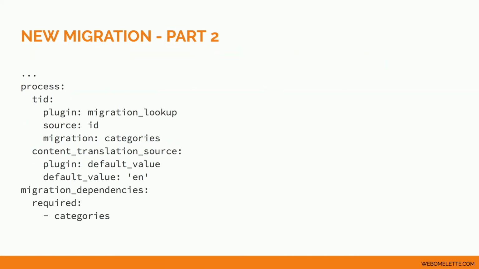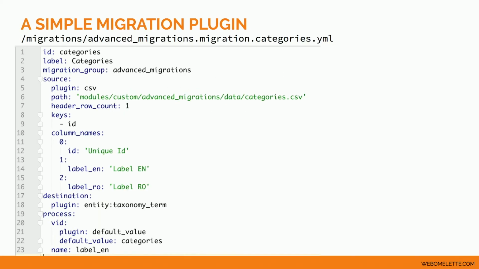And then for the process plugins, we will cover in a moment the DERIVER process. But first, the most important thing that you should notice here is that in the process block, we no longer have the name field. Remember in the first one, we mapped the name field, label_en.